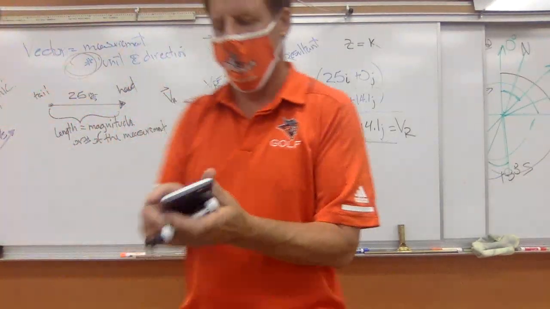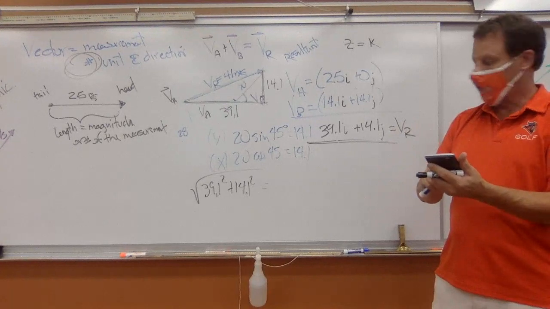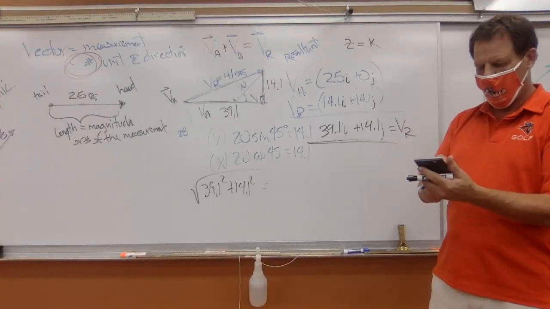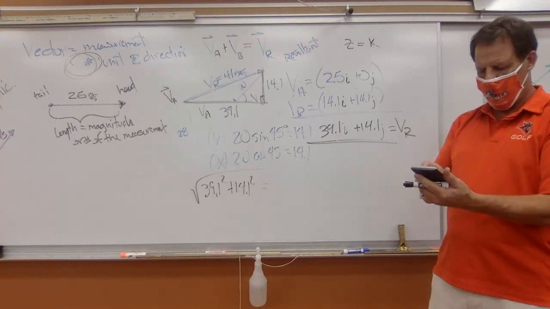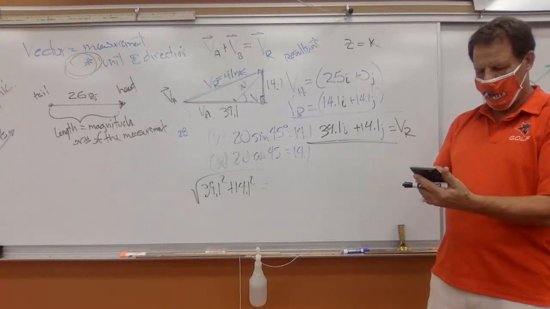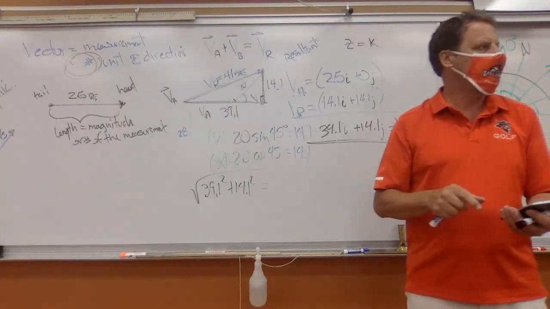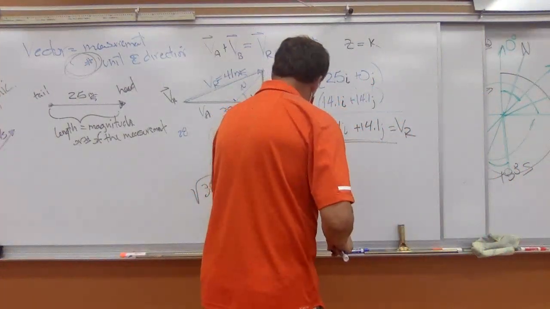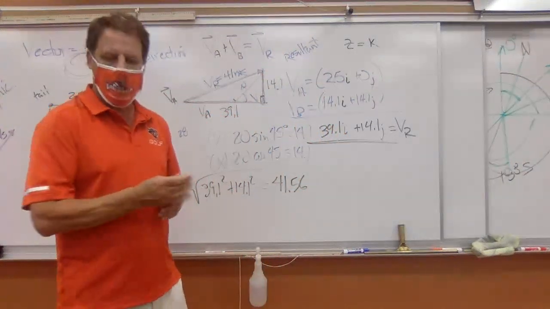Did any of you do that? 39.1 squared plus 14.1 squared equals, and then we take the square root. We're going to get 41.56. You guys good with that?